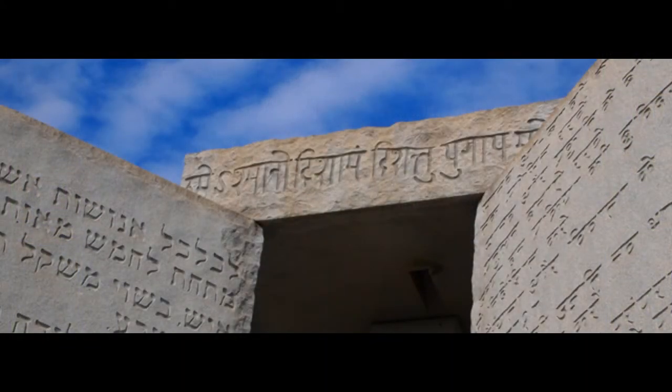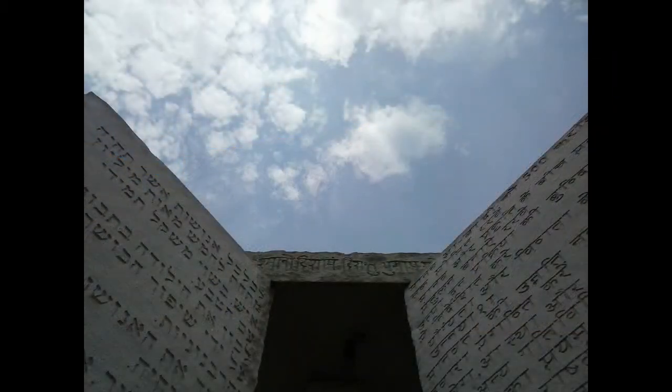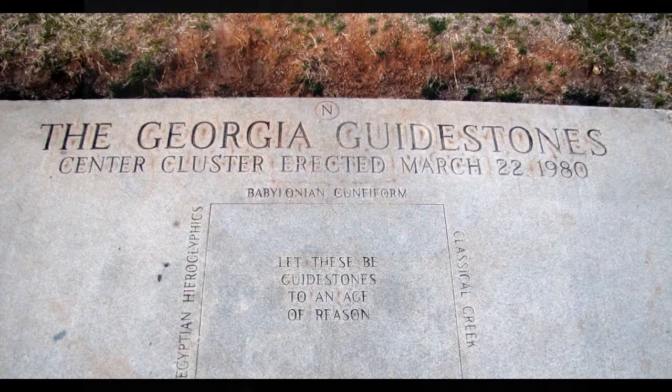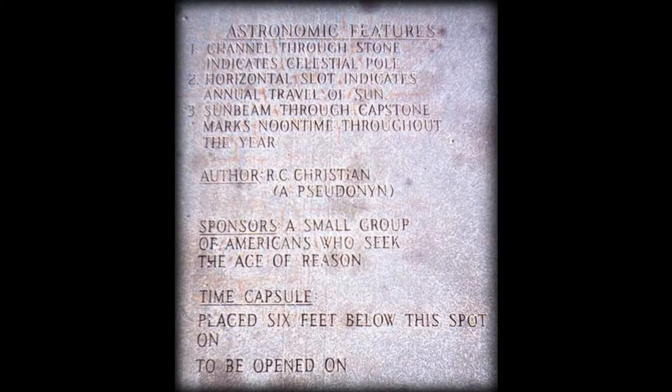Now, some very cool features about the Guidestones is they have the modern languages, but also they have ancient languages written throughout that have other symbols, other sorts of meanings. Some plaques in the area also detail this, but they also have astronomical connections.